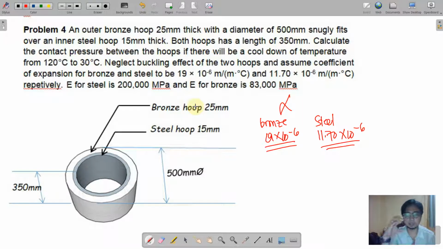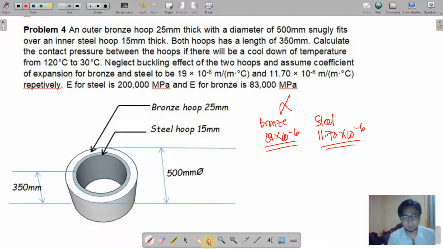Kasi ganito yan. So kung ito yung ating bronze hoop and this is the steel hoop, pag umikli itong bronze hoop, okay, halimbawa pag umikli ito, iikli nga yan, pero mas iikli yung nasa labas, okay? The outer hoop will have more contraction than that of the inner hoop here.